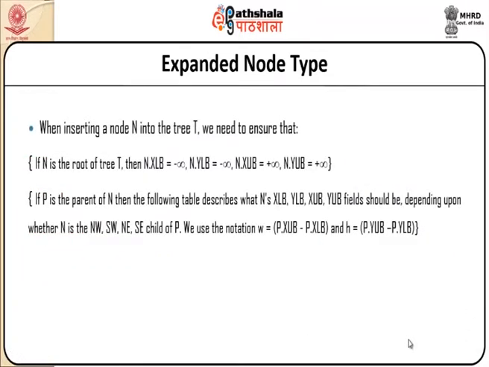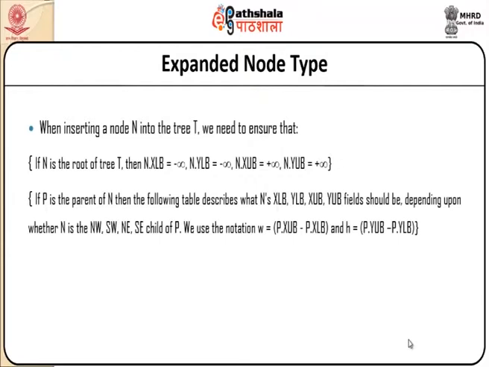So, when we expand the node type that is represented here, when inserting a node n into the tree T, we need to ensure that if n is the root of the tree T, then X lower bound should be minus infinity, Y lower bound should be minus infinity, X upper bound should be plus infinity and Y upper bound should be plus infinity.